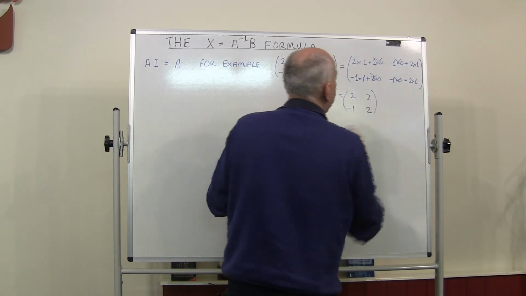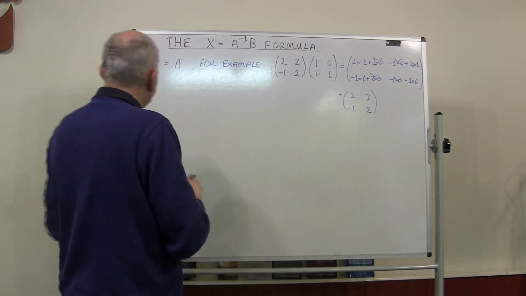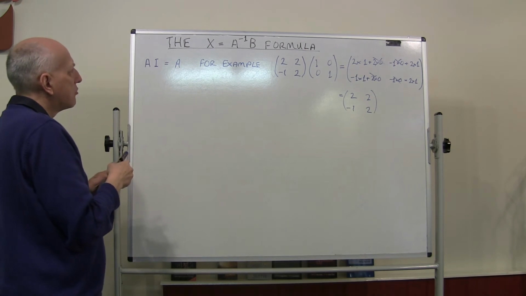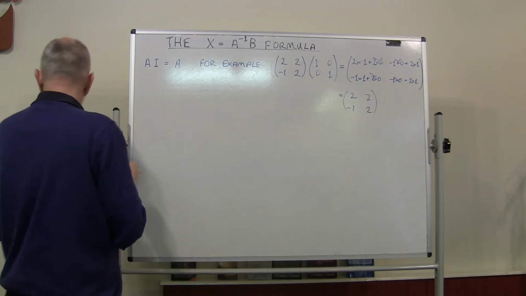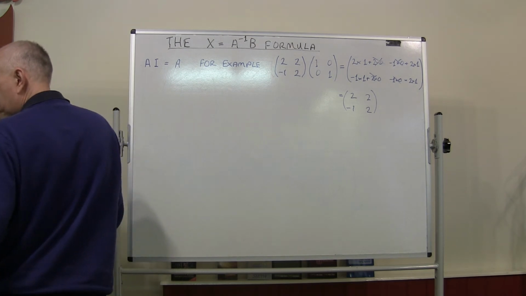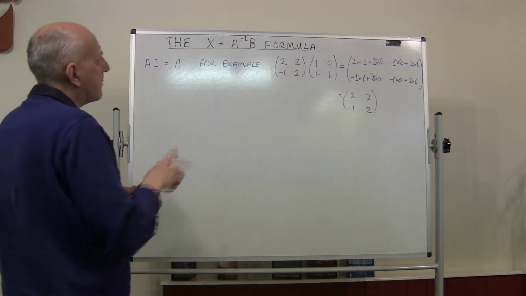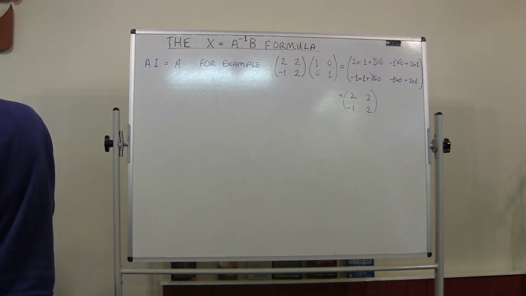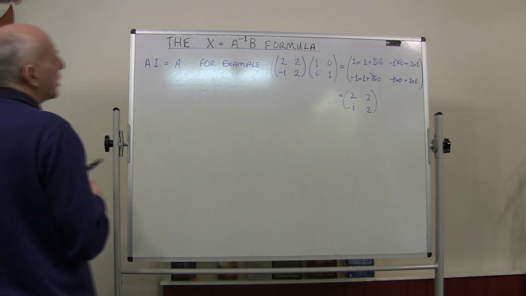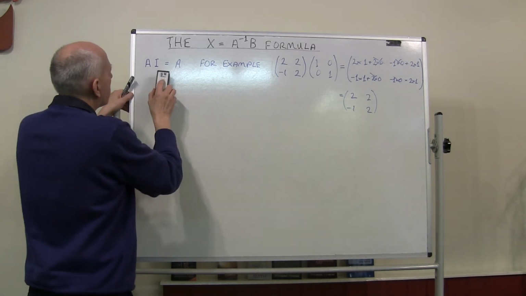Okay, so remember that anything times the identity matrix leaves you with it staying the same. The same the other way around as well, as we saw earlier. Right, so keep that in mind.